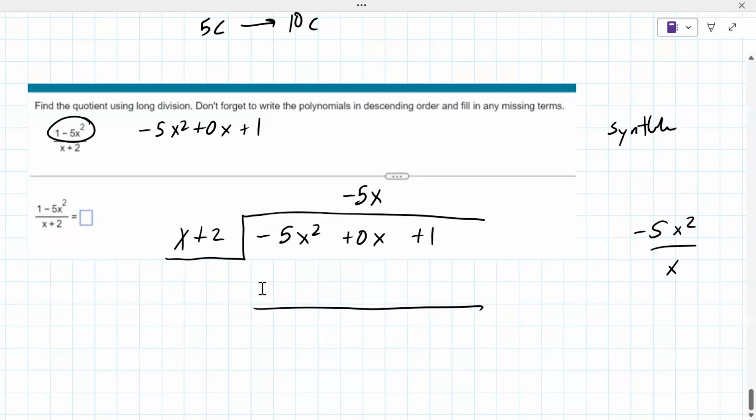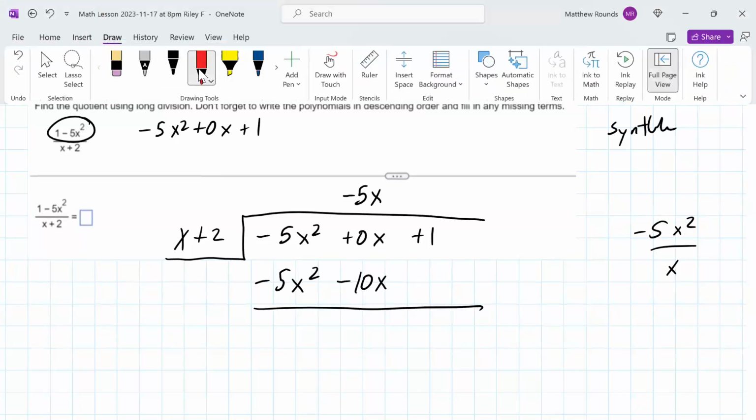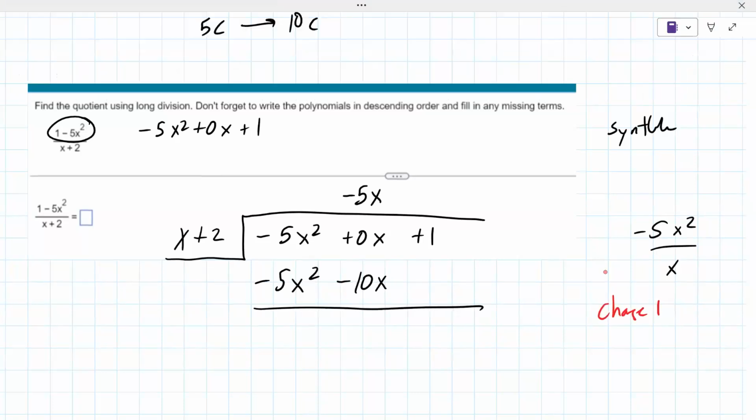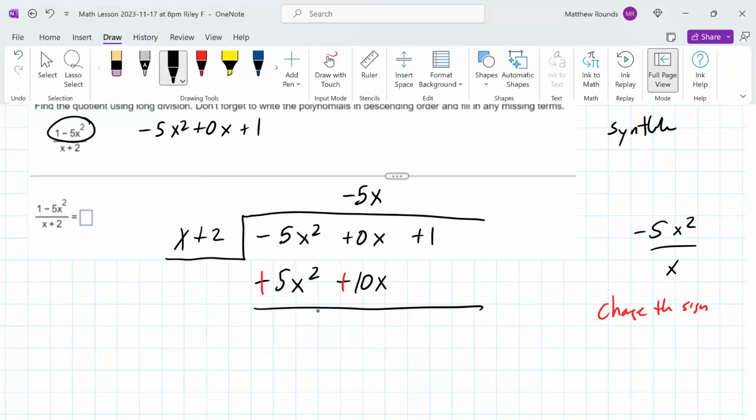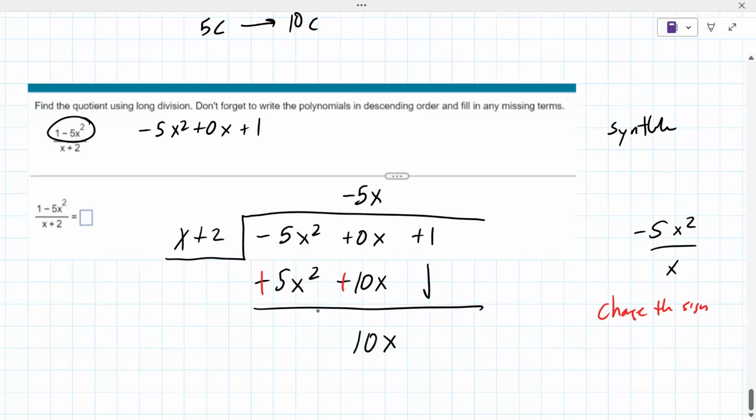Make sure you put that in the x column here. Then you multiply minus 5x by each of these others, so you get minus 5x squared minus 10x, and then you change the signs. So plus and plus. This becomes 10x. Then you bring this 1 down.